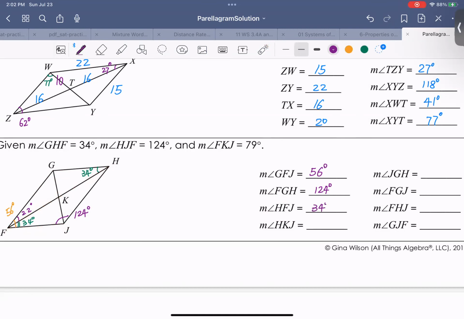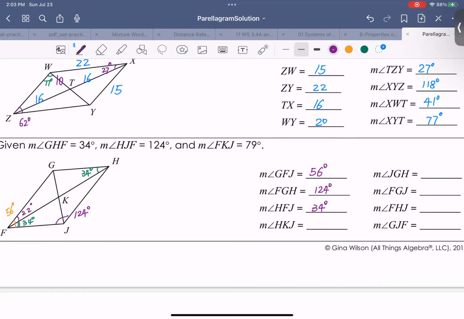Yeah. And next one, HKJ. HK is right here. Okay, let's see how we can get this angle. And we also have another piece of information we haven't used. FKJ, right? Yeah.